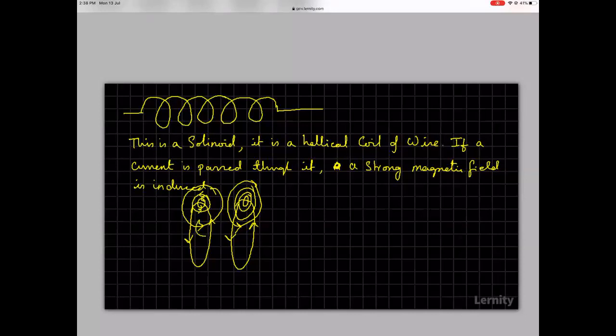Now suppose I bring them together. Do you see that at the middle there will be a superimposition of lot of magnetic fields?